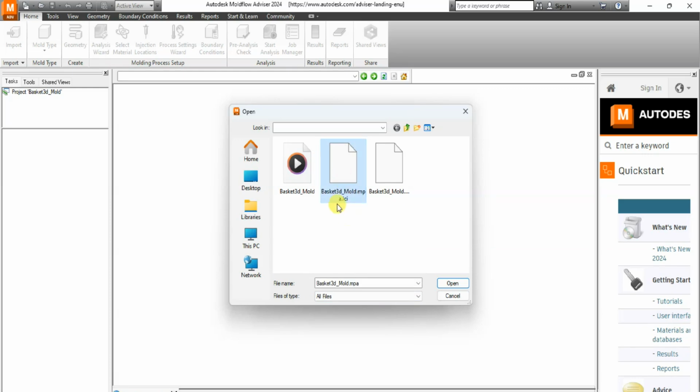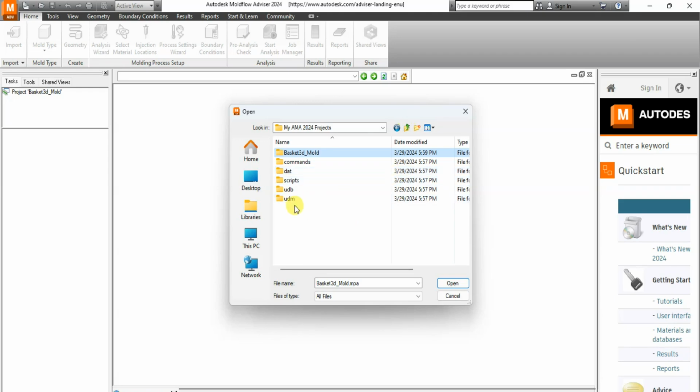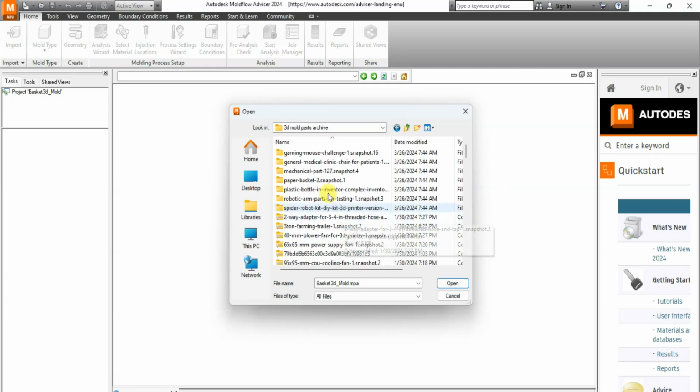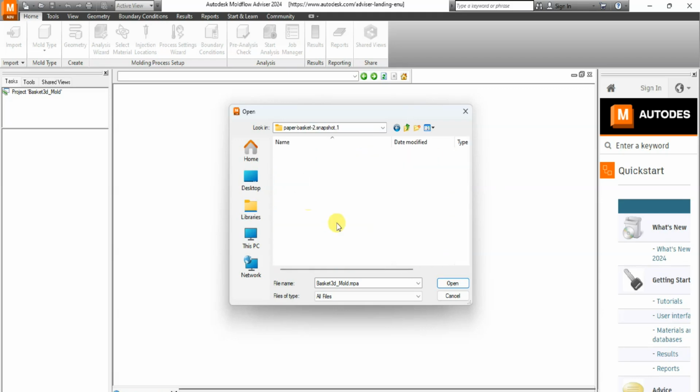You can see there we have parts, mouse, mechanical part, paper baskets. Let's look at paper baskets, and then we choose the solid part objects.